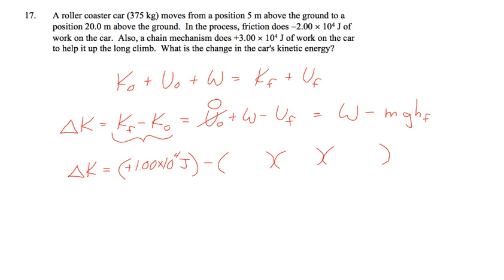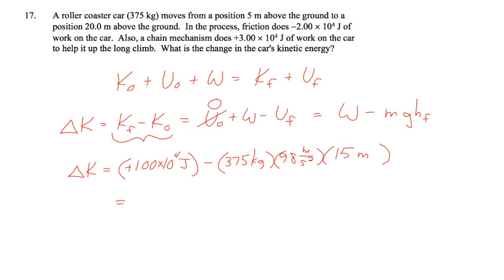So plugging in the numbers, the mass of the roller coaster is 375 kilograms. Gravity is 9.8 meters per second squared. And the height is really, I'm putting the change in height, because I went from 5 to 20, so my final height is 15 meters. And if you solve that, I don't know, that could be a positive energy or a negative energy.